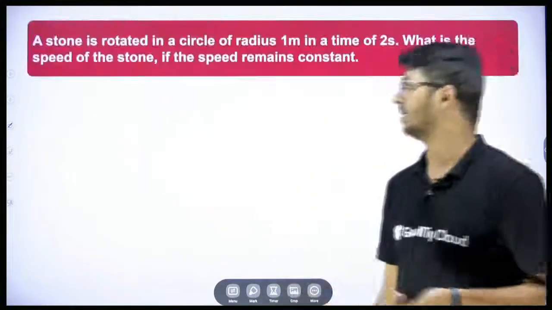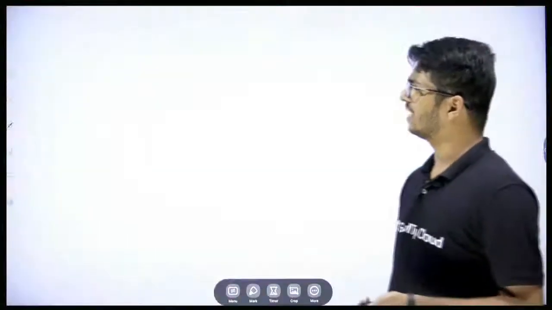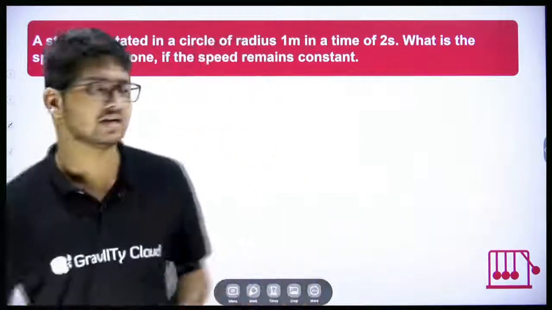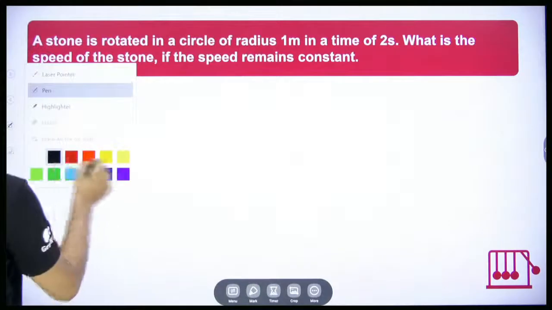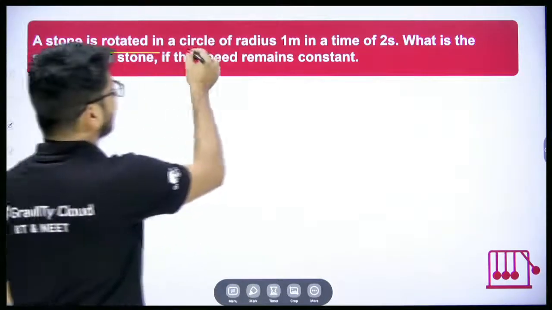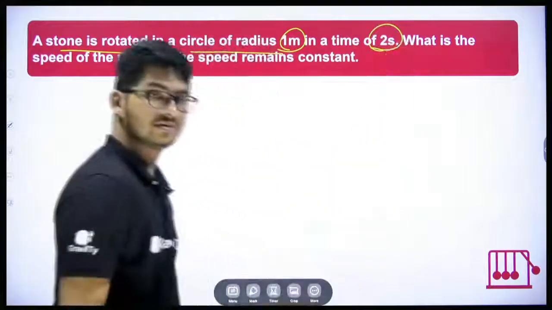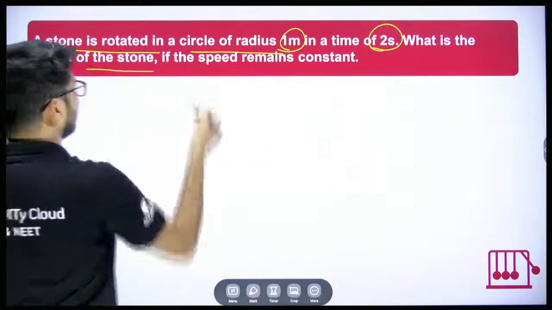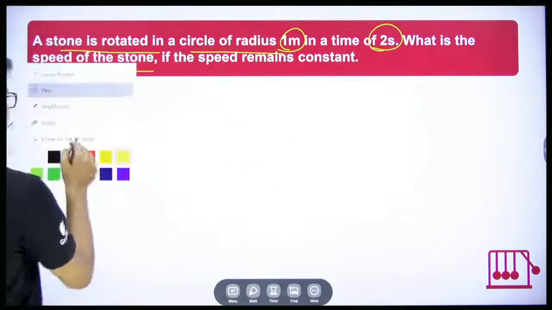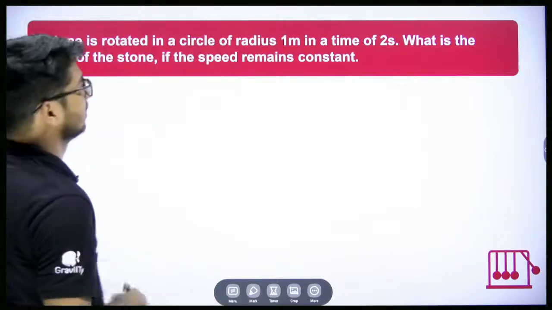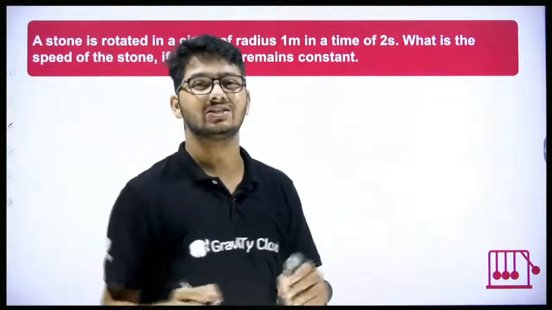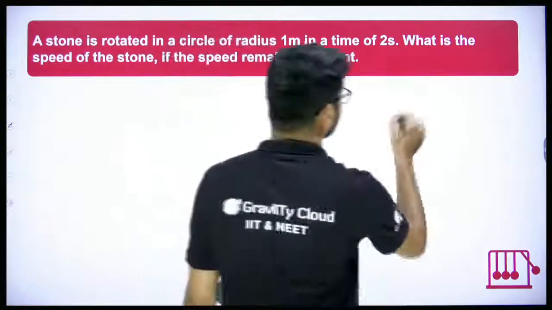Okay, that's good. So we have one more question here. We'll just do it and end the class after this. A stone is rotated in a circle of radius 1 meter in a time of 2 seconds. What is the speed of the stone if the speed remains constant? If the speed remains constant, it is uniform circular motion. Just imagine this.